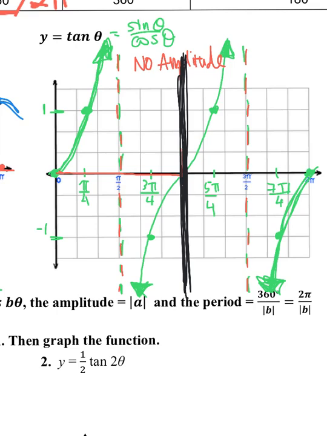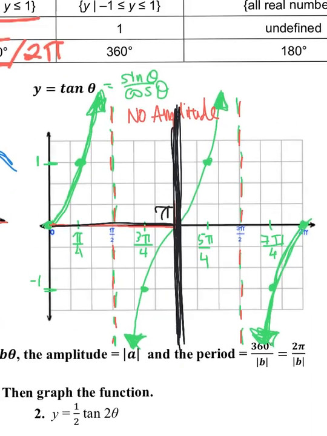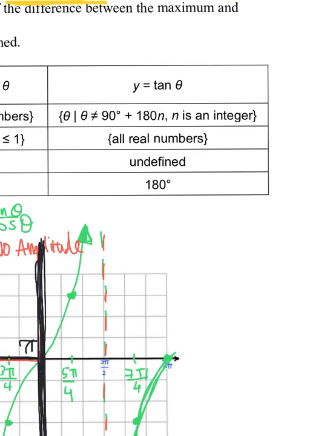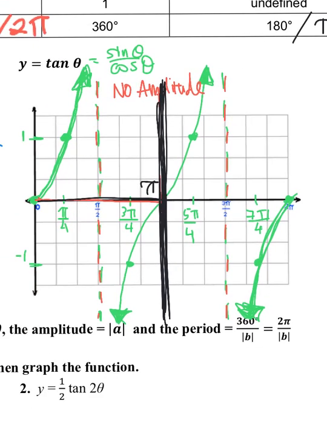So it actually started repeating itself once it got to pi. So that's unique also about tangent. If you look up here, we see that our period is actually 180 degrees or pi radians. So that is different for tangent also. All right, so those are your 3 parent graphs for sine, cosine, and tangent.